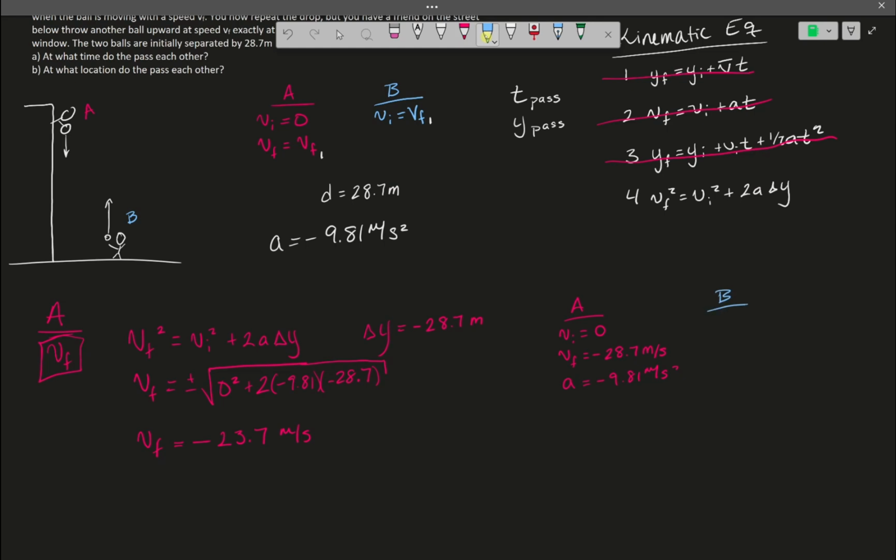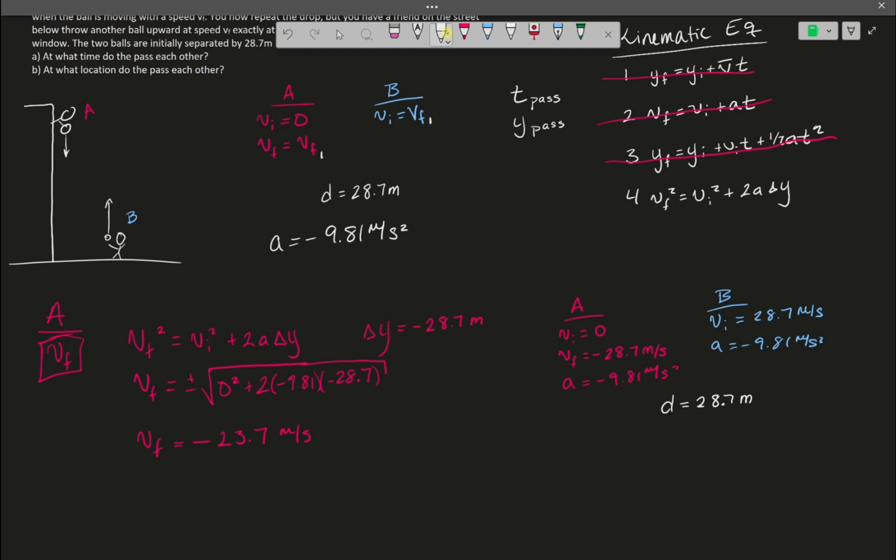For object B, I now know that my initial velocity is going to be 28.7 meters per second. It's going to be positive because this object is going to be moving in the positive direction, right? If they're both negative, they wouldn't pass each other. And we still have, obviously, they're both encountering the same acceleration, and I have this distance between them of 28.7 meters.